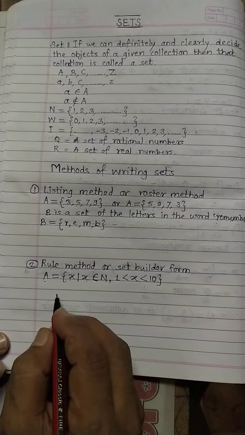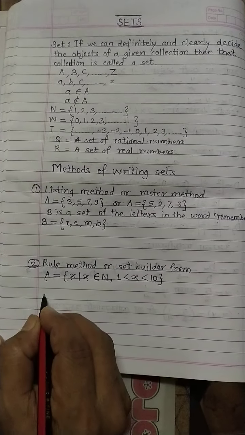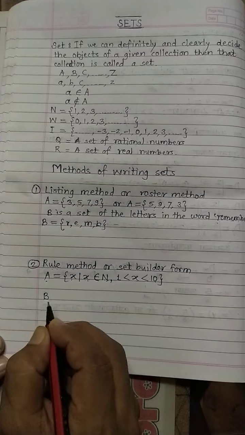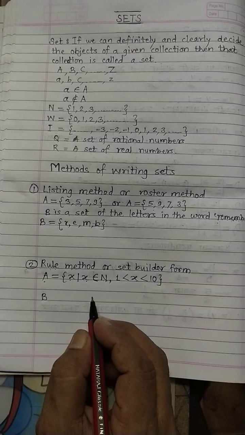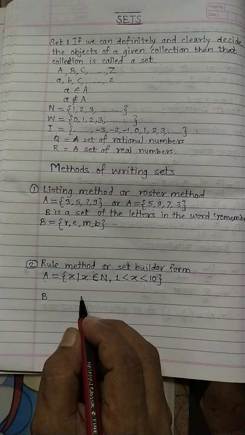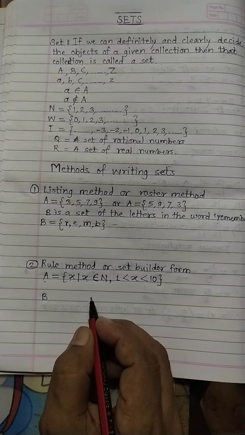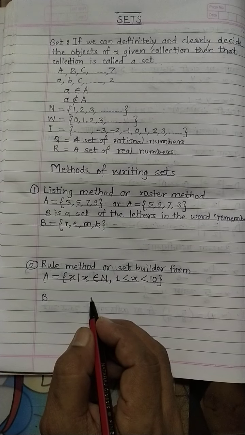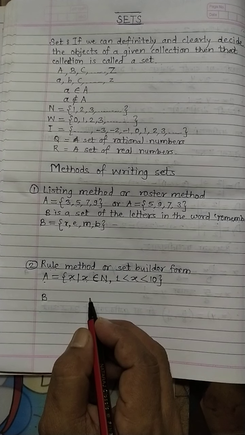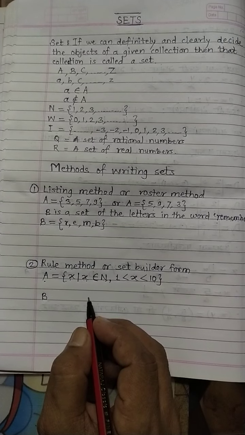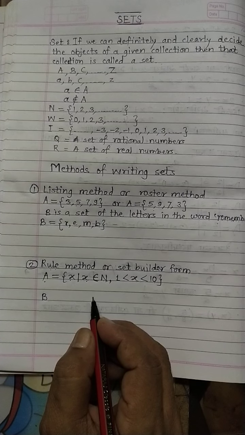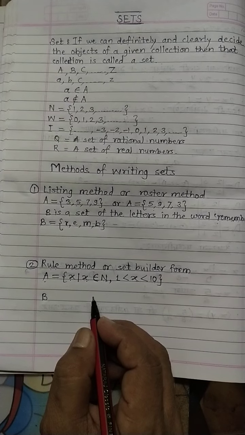Now the next set. Suppose B is a set of prime numbers between 1 and 10. What are the prime numbers between 1 and 10? 2, 3, 5, 7.